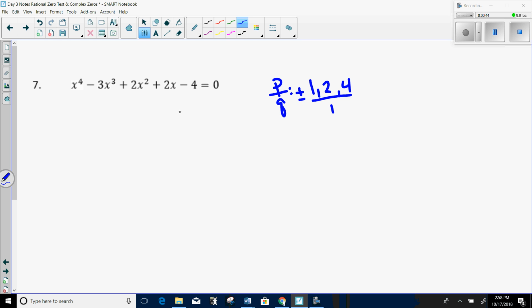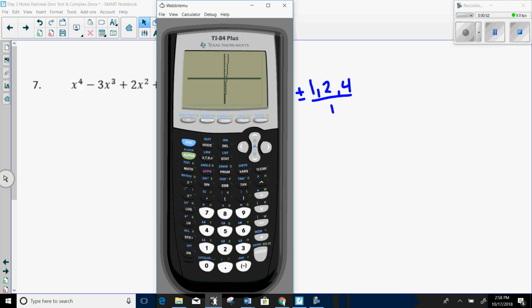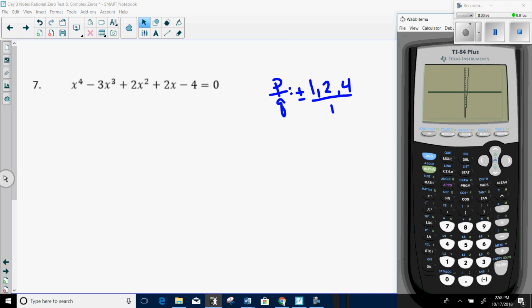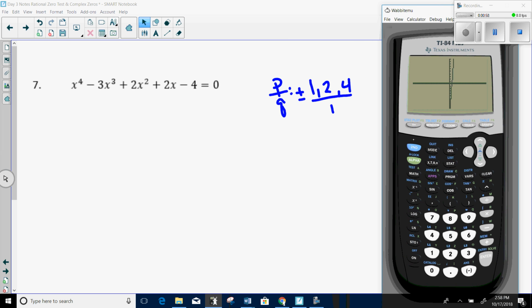So then we're going to use the graphing calculator to make sure of the zeros. You'll type in the equation, and you'll see which ones actually work.